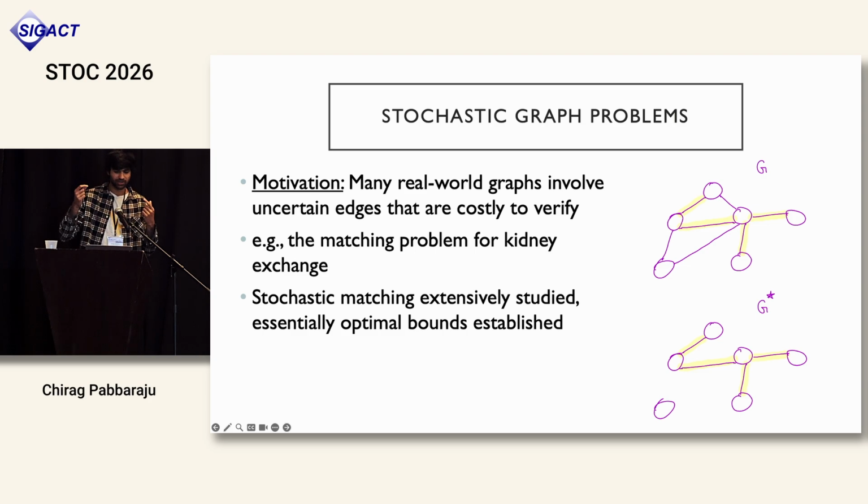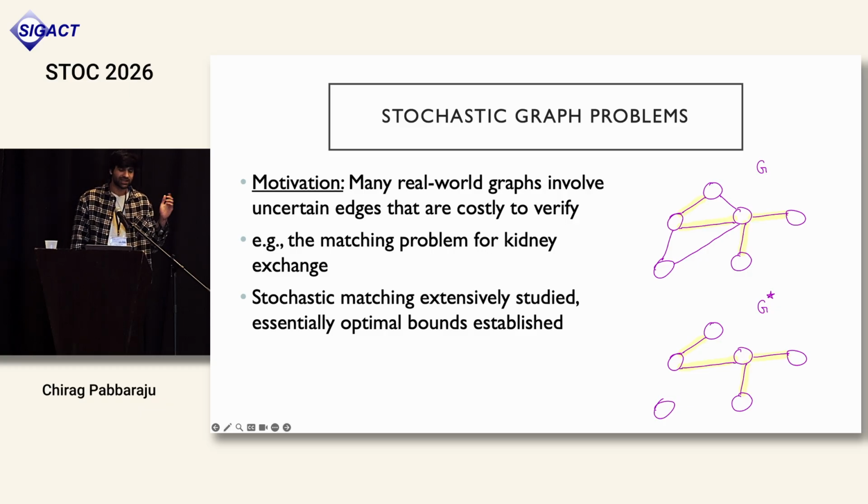But in order for the exchange to actually go through, one must perform many medical tests so that the patients are actually compatible. And if we want to maximize the number of patient donor exchanges, we want to solve this stochastic matching problem: a maximum matching problem over a realization of the underlying graph.